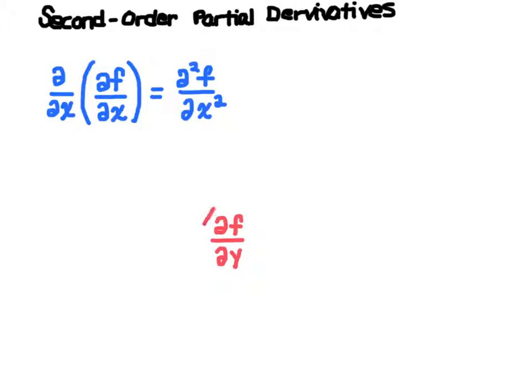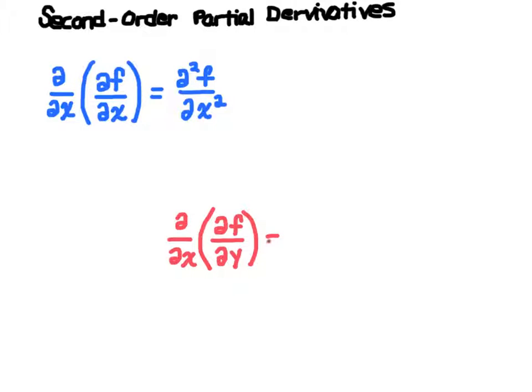And if we take the result of that, and from the result we take the partial derivative of the first derivative that we just did, if we take the partial derivative of that with respect to x, this is also a second order partial derivative.